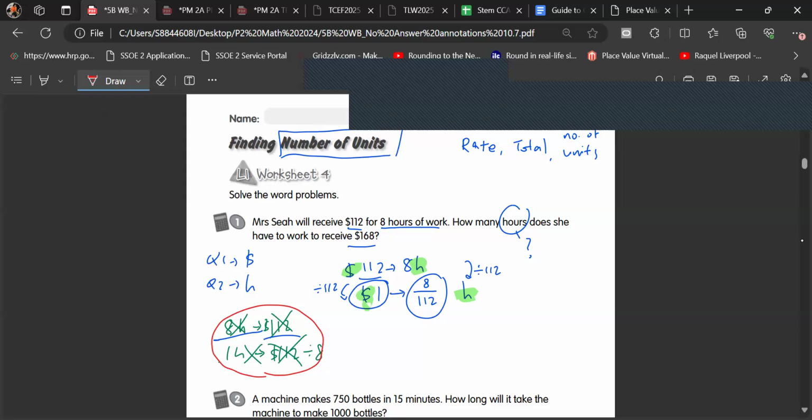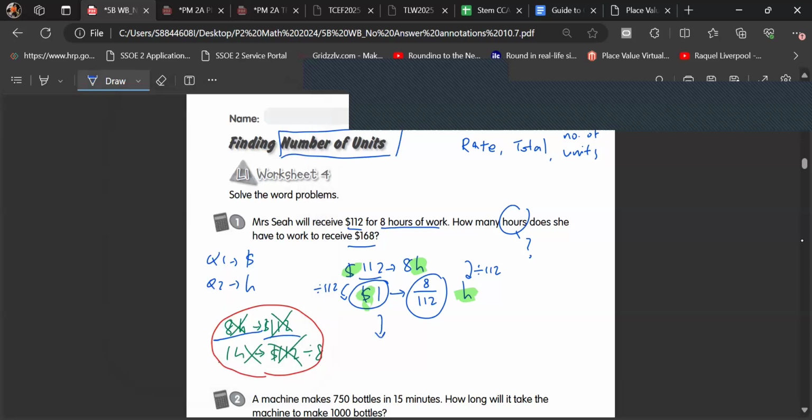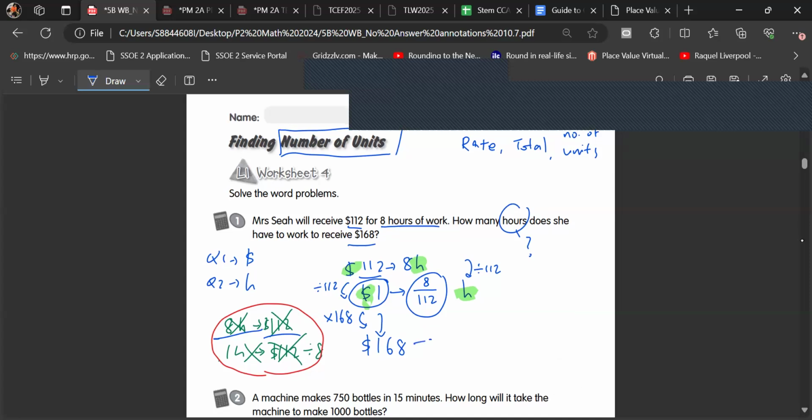So the next step for this is going towards finding $168. So from here, I times 168. So 168 will be 8 out of 112 times 168. She has to work this number of hours to get $168.